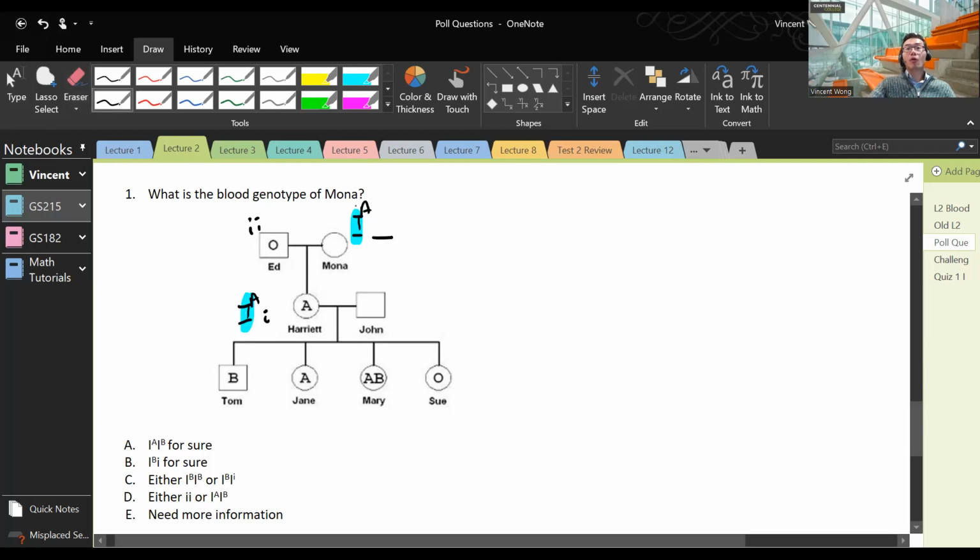Do we know for certain? The answer is we do not know for certain, because all we know is Mona passed on an IA. I have no idea what this other one is, right? What this other one is will not affect her ability to pass on the IA, right? So this other one could be another IA, could be an IB, could be an IA small i, right?